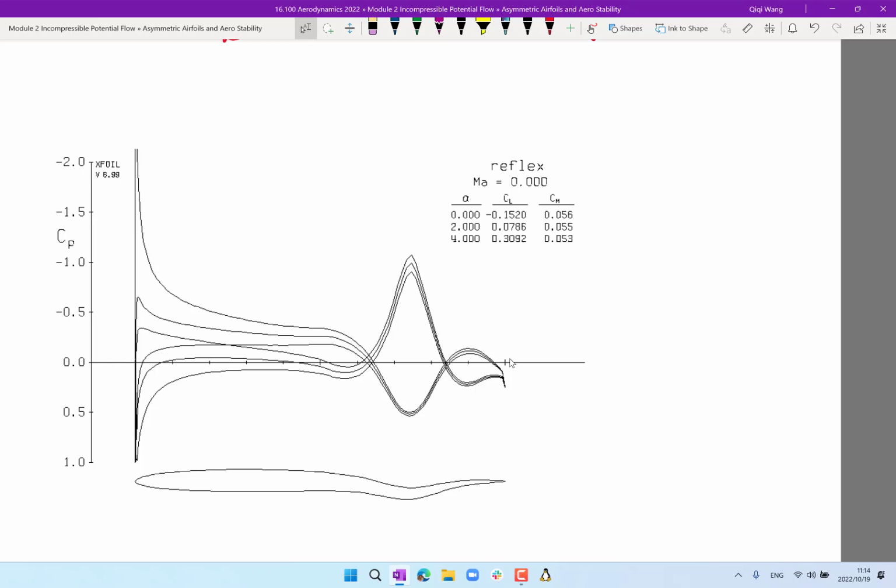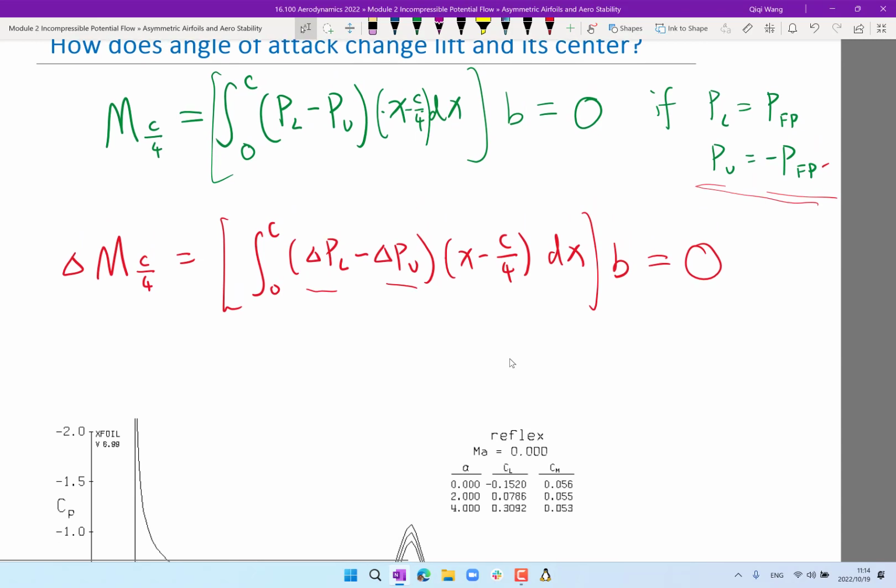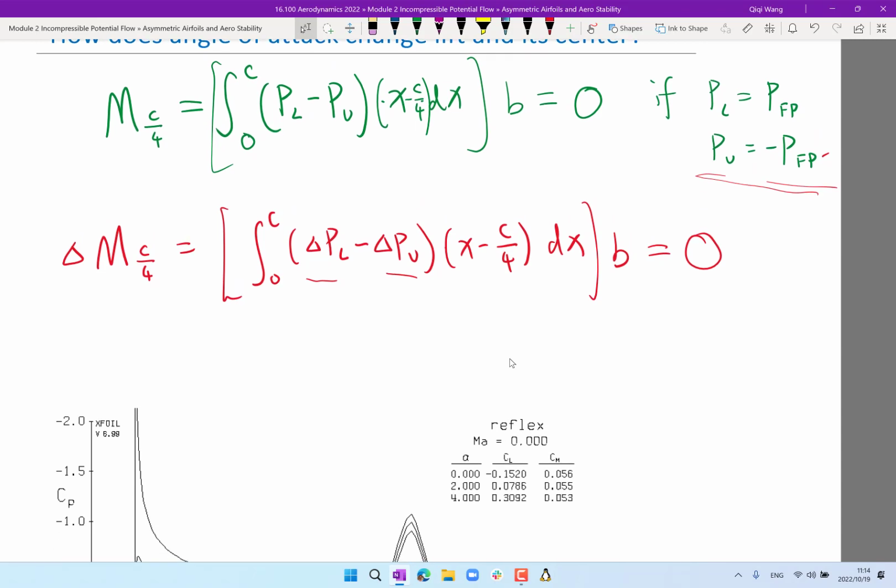Yes, question? You wrote earlier that the moment around the quarter chord would be 0 if the P lower is P flat plate and the P upper is negative P flat plate. When you subtract P lower minus P upper, wouldn't that just give you 2 P flat plate? Yes, right.